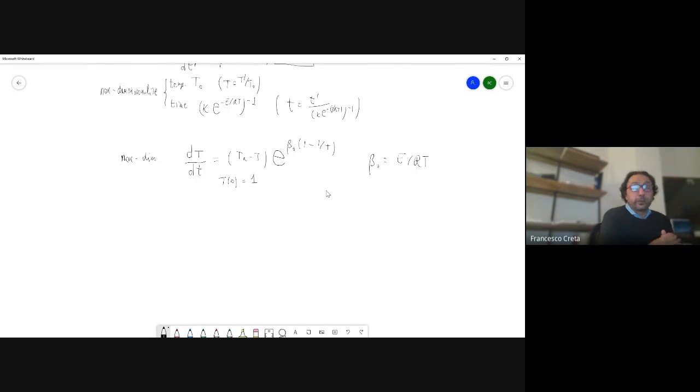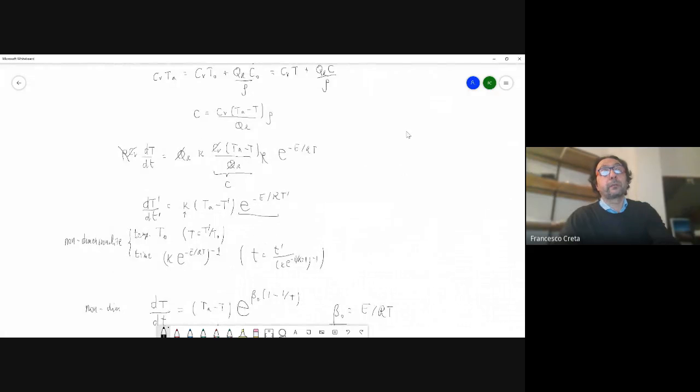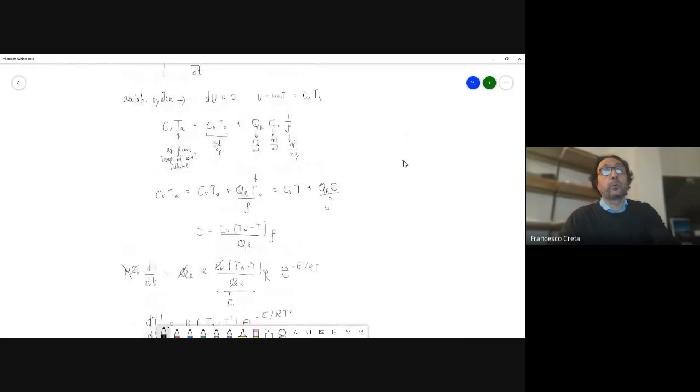You can integrate it with MATLAB and see what happens. And the interesting aspect would generally be what happens if we vary beta, or the activation energy. Remember this, what we wrote over here.